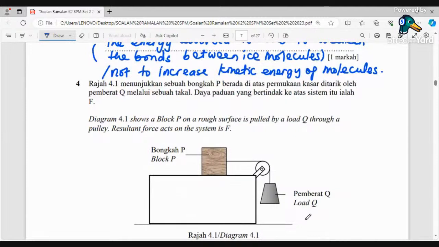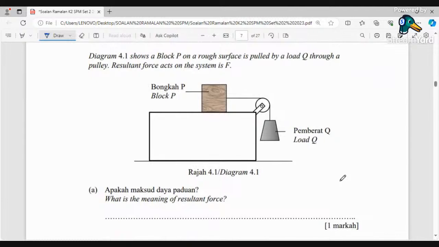Okay, number 4. Diagram 4.1 shows a block P on a rough surface pulled by load Q through a pulley. Resultant force act on the system is F. Okay, what is the meaning of resultant force?